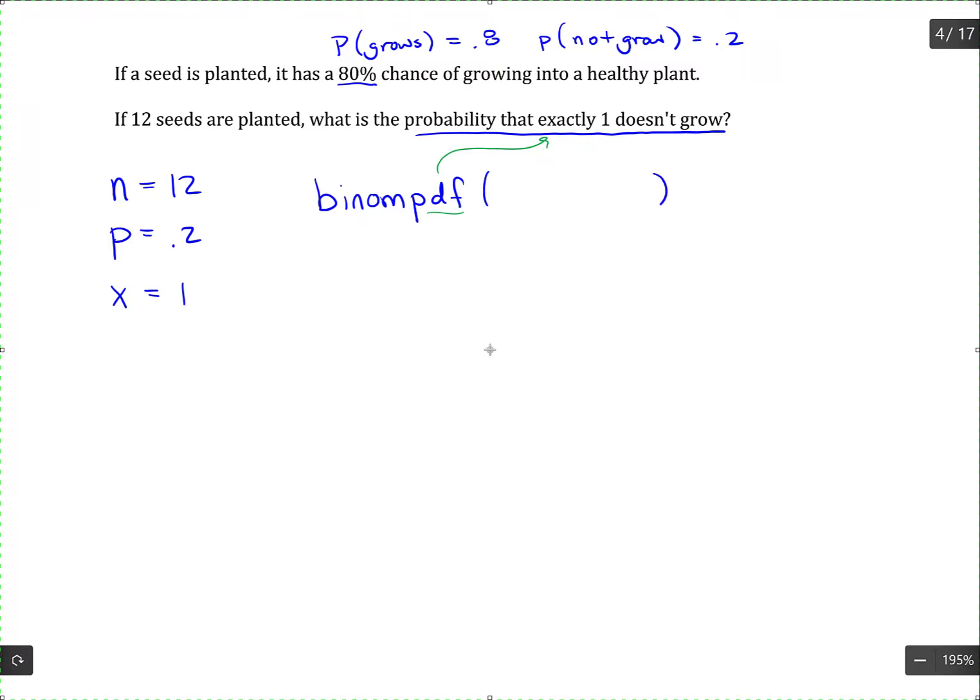Binompdf accepts 3 different inputs: the number of trials, the probability of success on any given trial, and x, which is the number of successes that we wish to observe. So n is 12, p is 0.2, and x is 1.